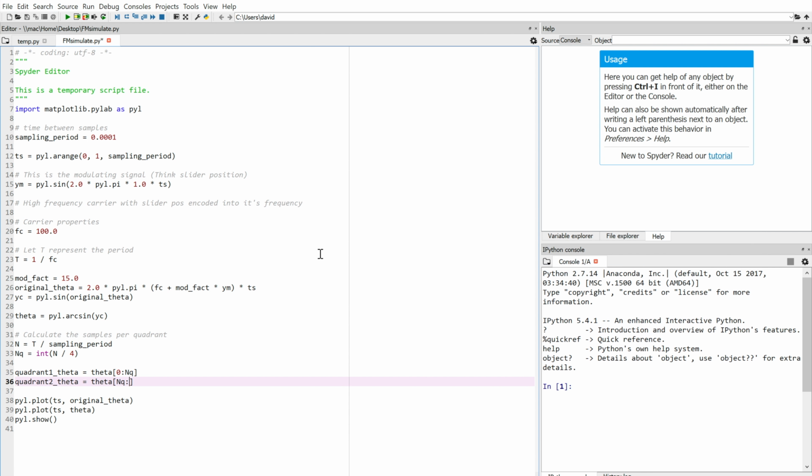With each quadrant having the same number of samples, from now on, you can take for granted that the first and last sample in a quadrant has an index that is a multiple of the previous quadrant. You can see that this is the case when looking at the arrays for quadrants 2, 3, and 4.